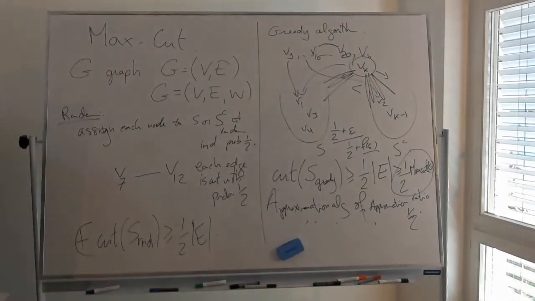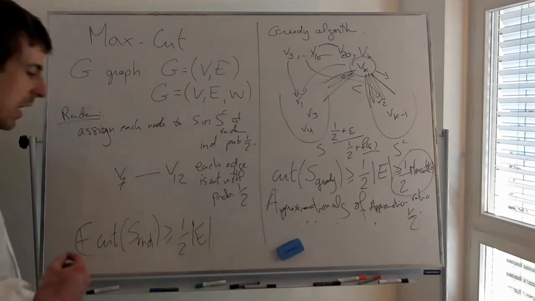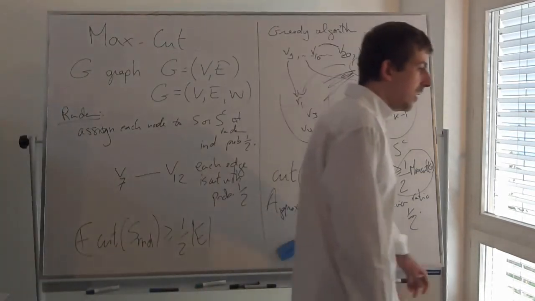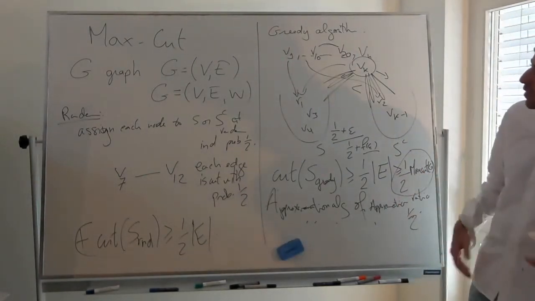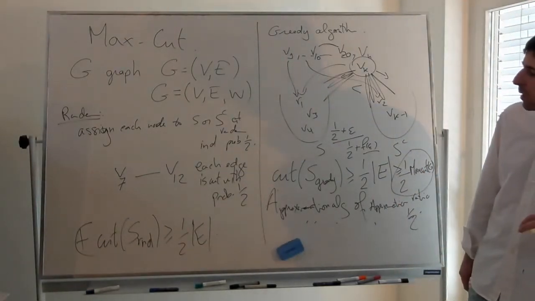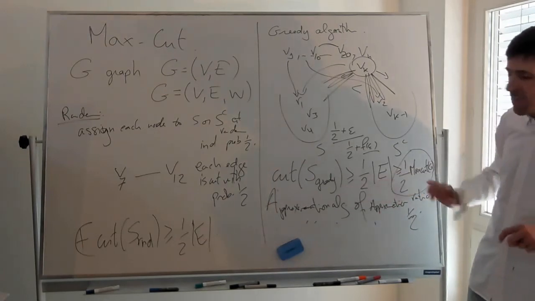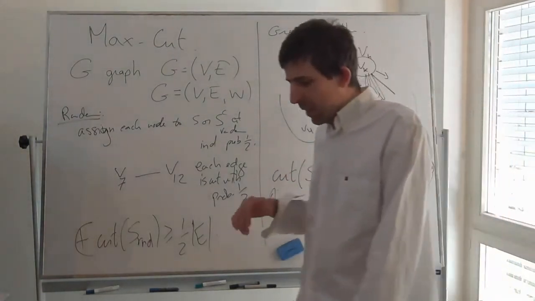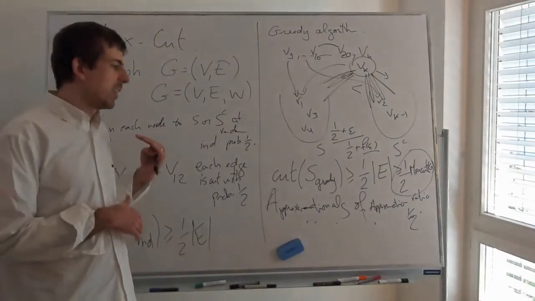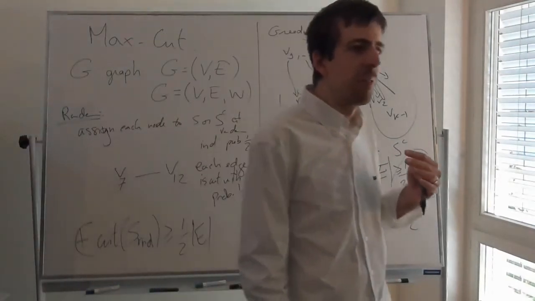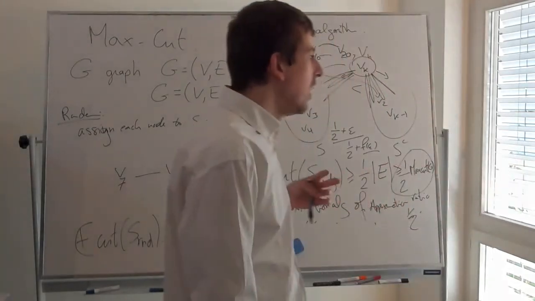I'll show you a very nice algorithm that has a huge impact in mathematical data processing, even though the problem itself doesn't appear to be related. Even the way of defining approximation ratio is different. When we're doing learning or data science, our objective function often doesn't have a meaning in itself.